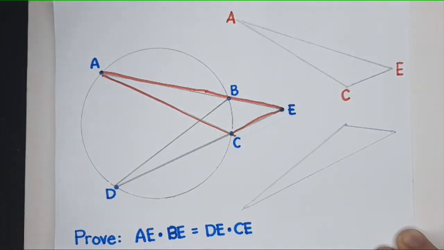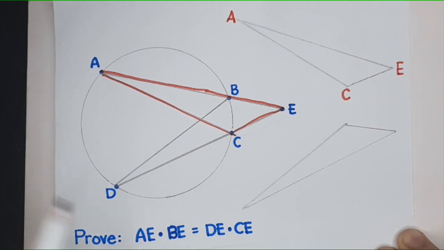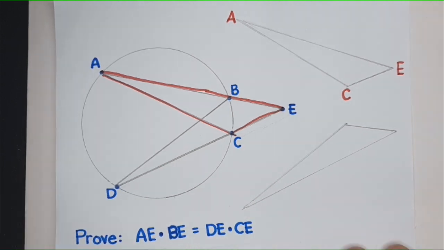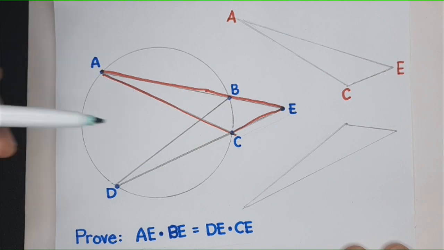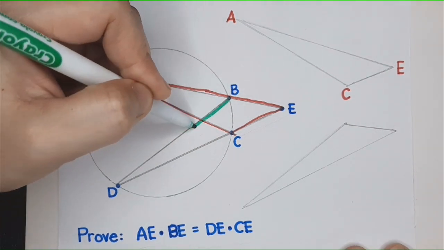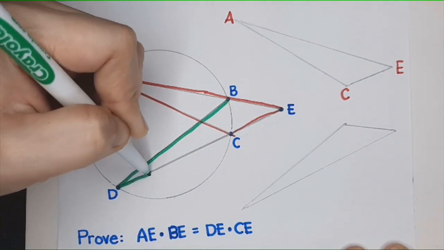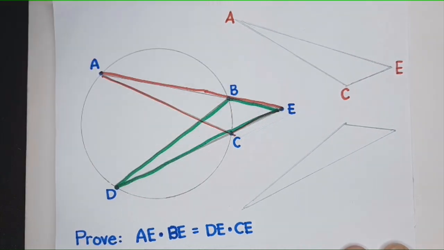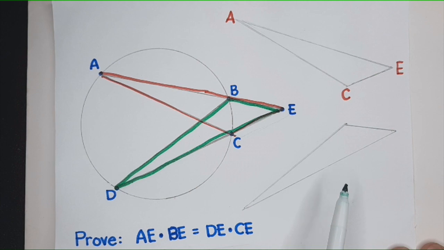What about the other triangle? Do you see it? Yung kamukha nito. Ito oh. Let me use another color. So, this is the second triangle. Yung kamukha nito.